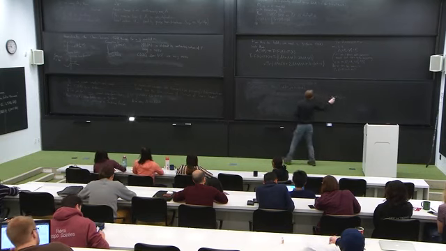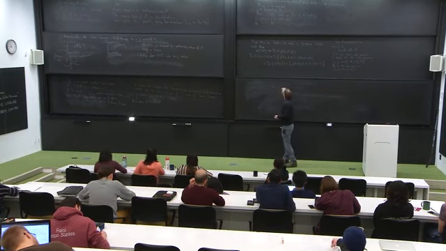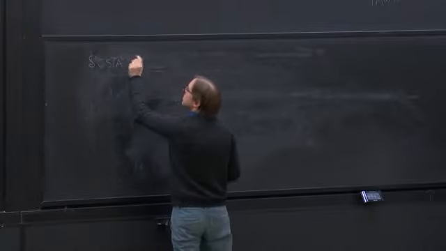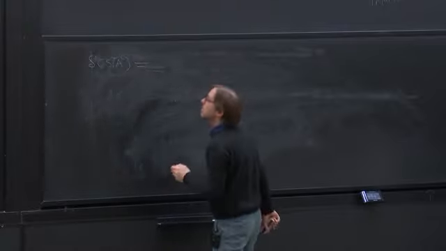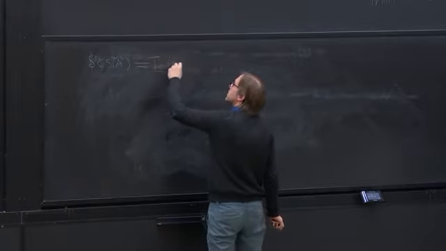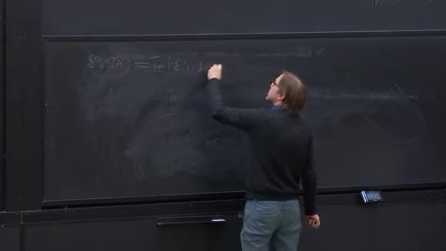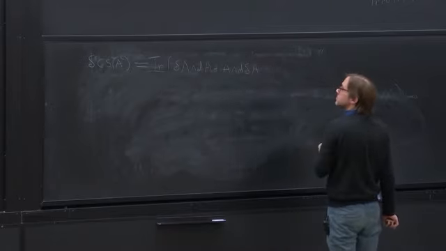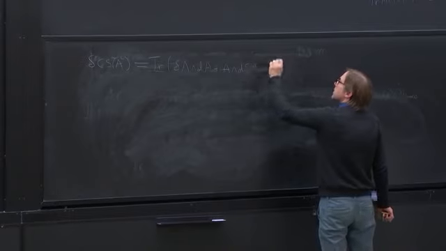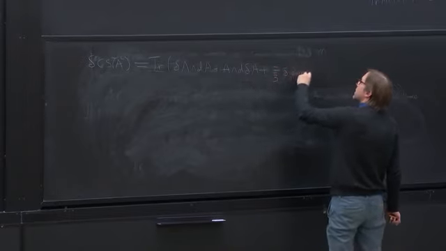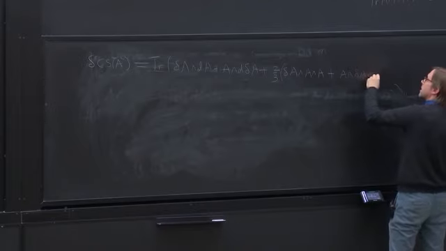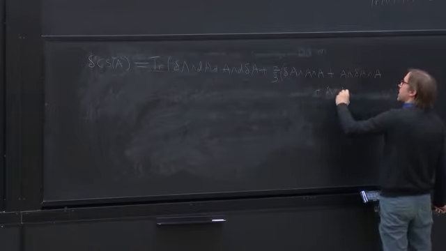That is another computation very similar to the ones we've just done. We get trace of delta A wedge dA plus A wedge d delta A plus 2/3 delta A wedge A wedge A plus A wedge delta A wedge A plus A wedge A wedge delta A.